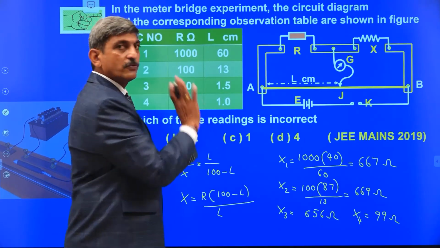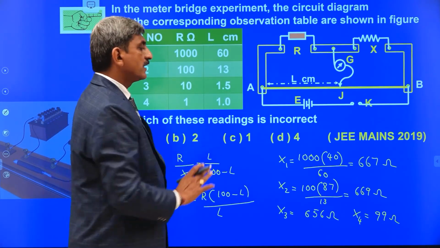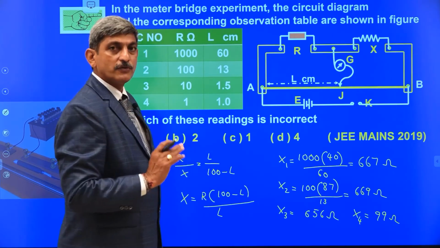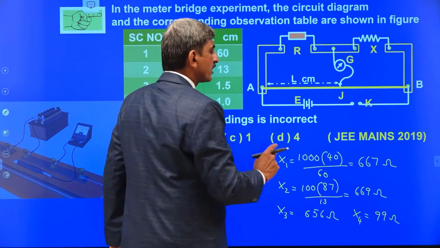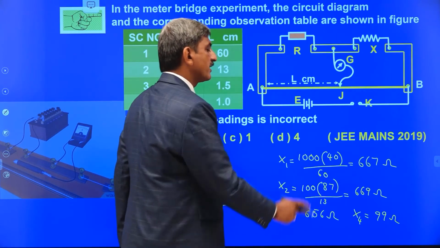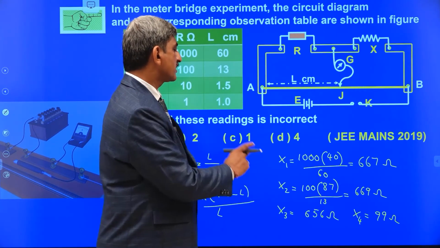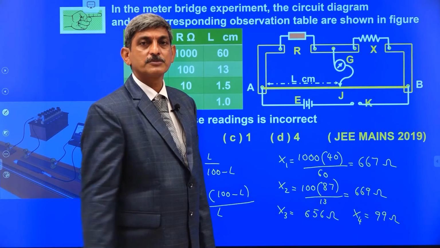For the given set of 4 readings, we calculate the unknown resistance value 4 times. The values are obtained as 667, 669, 656 and 99 ohms.